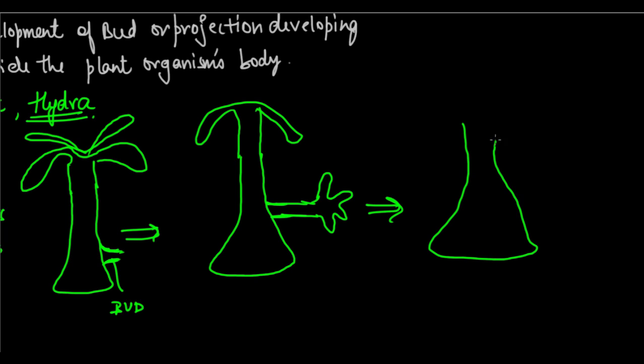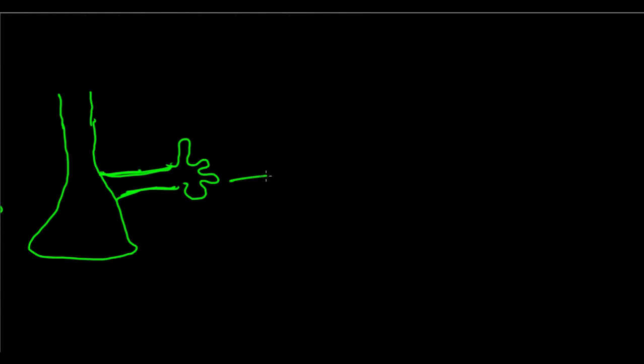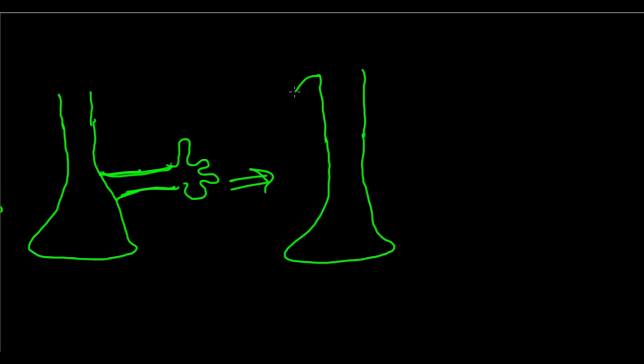This bud will develop really well as an adult, almost really mature. Once it gets matured, it will ultimately form an individual organism, just like its parent.